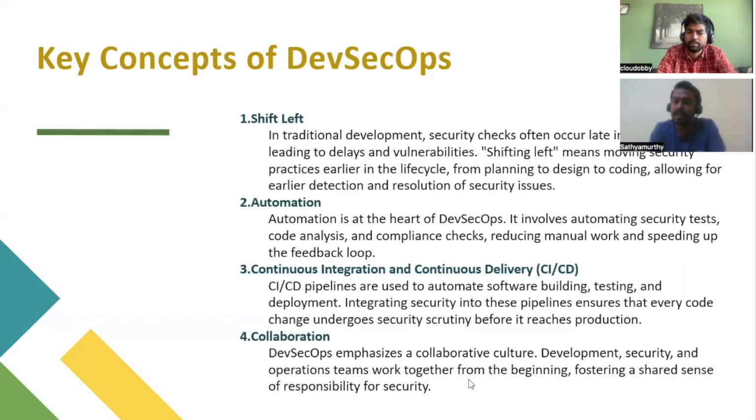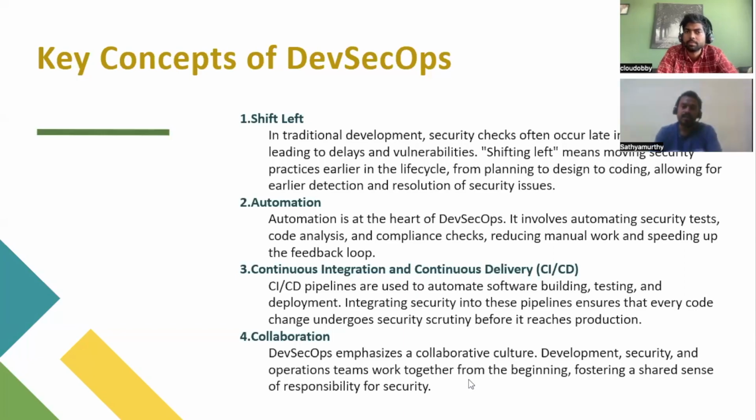DevSecOps relies on automation to ensure security checks are part of the CI/CD pipeline. This includes automated security testing, code analysis, vulnerability scanning, and compliance checks. Automation ensures that security is applied consistently and without slowing down development.